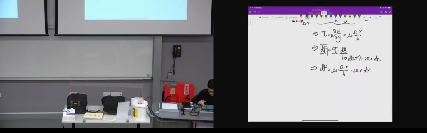So this dA, we can think as d of pi r square. So this gives us 2 pi r times dr. So this gives us dF equals mu times omega times r over h times 2 pi r dr. So then, still remember for this bit, we have the force, we need to calculate the torque.